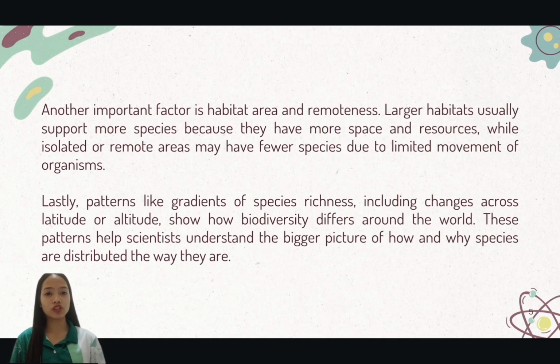Larger habitats usually support more species because they have more space and resources, while isolated or remote areas may have fewer species due to limited movement of organisms. Lastly, patterns like gradients of species richness, including changes across latitude or altitude, show how biodiversity differs around the world. These patterns help scientists understand the bigger picture of how and why species are distributed the way they are.